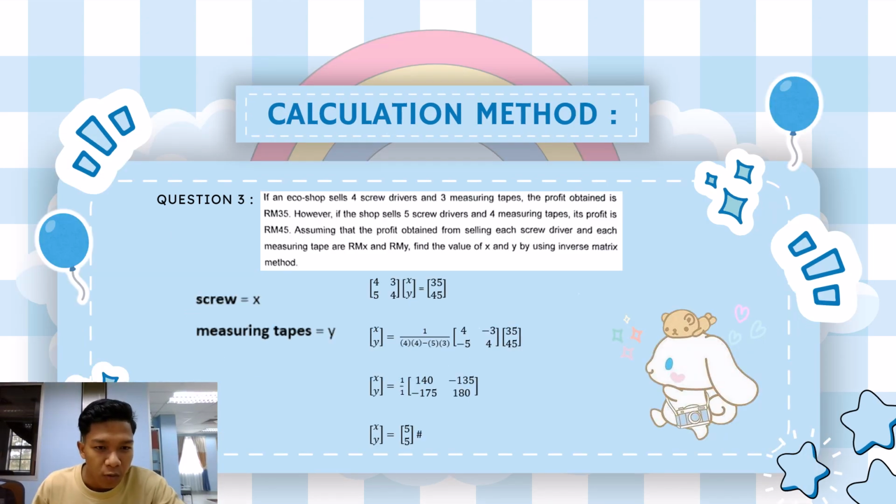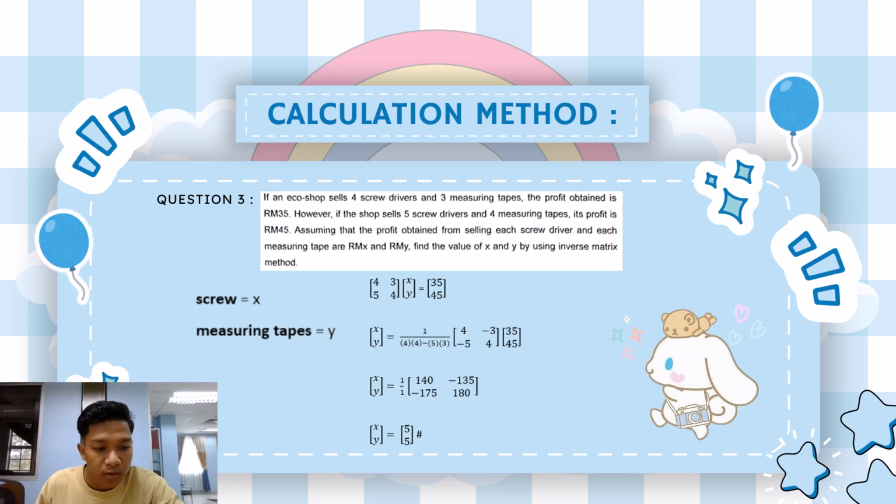Okay, next we go for question 3. Question 3 is a problem statement. An eco shop sells screwdrivers and measuring tapes. Here's what we know. First, selling 4 screwdrivers and 3 measuring tapes gives a profit of RM35. And second, selling 5 screwdrivers and 4 measuring tapes gives a profit of RM45.